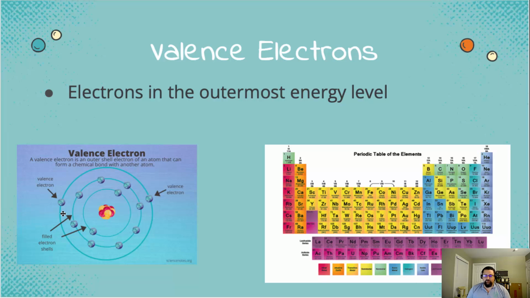Now you might ask, how do we know? What we do is we look at the periodic table, because the number of valence electrons is going to correspond with the group number. If we look at this right here, we have group 1, and then group 2, specifically 1A, 2A, 3A, 4A, 5, 6, 7, and 8.